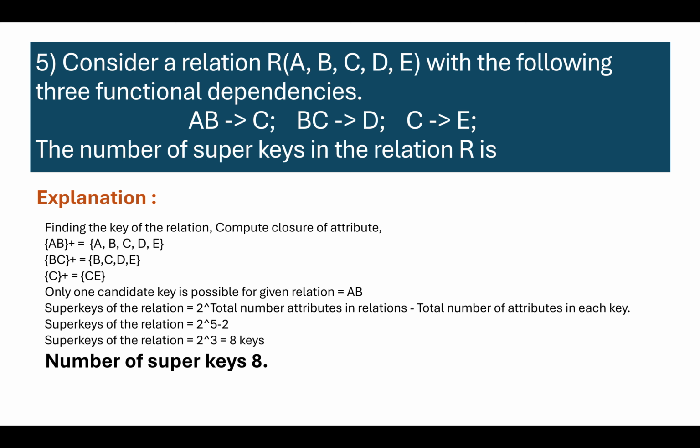AB plus is ABCDE, BC plus is BCDE, and C plus is CE. So we can see that only one candidate key is possible for the relation, which is AB. And to calculate super keys, we have 2 raised to the total number of attributes in the relation minus the number of attributes in the key, which comes out to be 3. So it is 2 raised to 3, which is 8 keys.